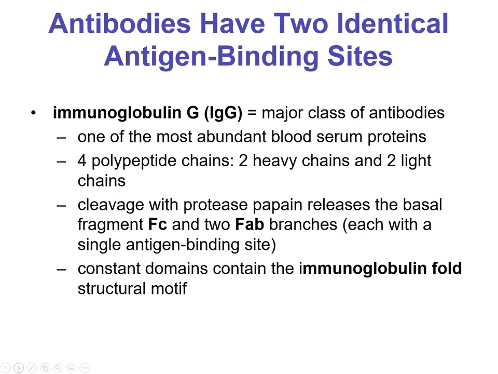You're actually able to cleave IgG with a protease named papain, and you release a couple of different fragments that each have an antigen binding site. We're going to talk about what an antigen binding site is in a minute. The constant domain is the one that has the immunoglobulin fold. So all immunoglobulins have the same structural motif that classifies them as being part of the immunoglobulin fold or family.